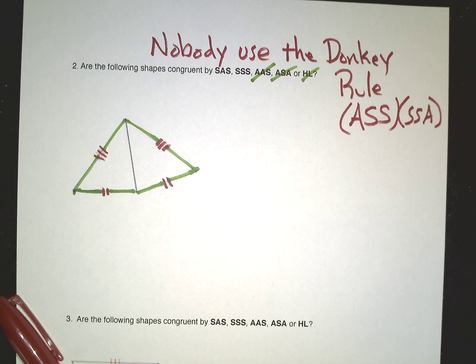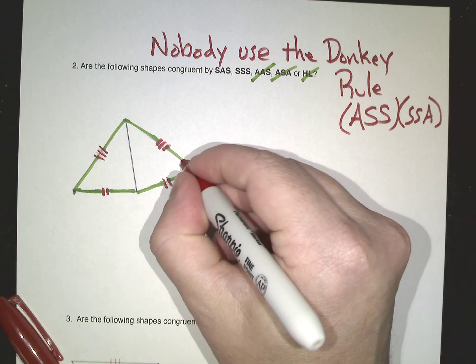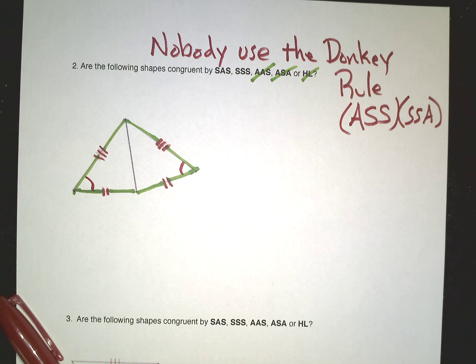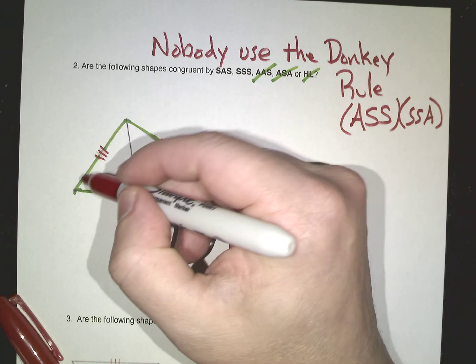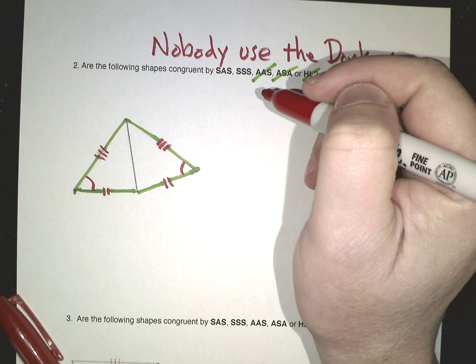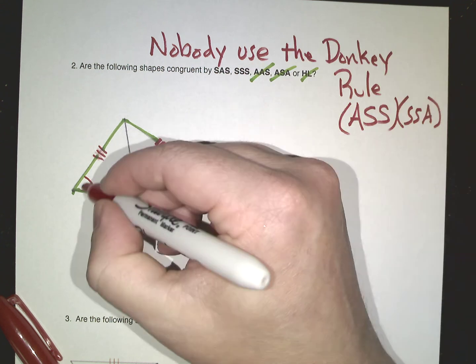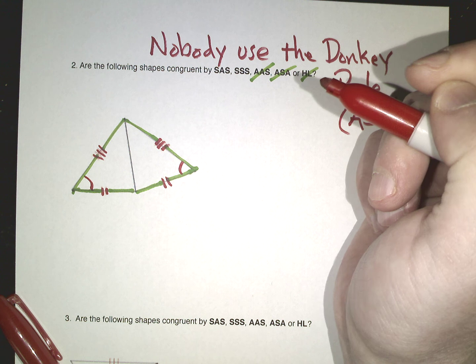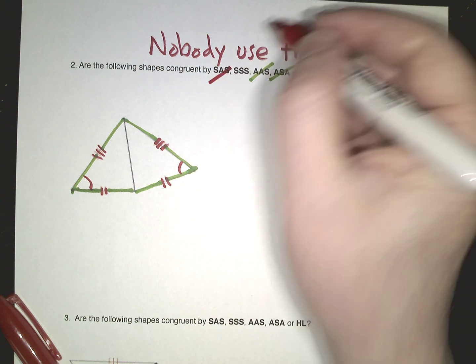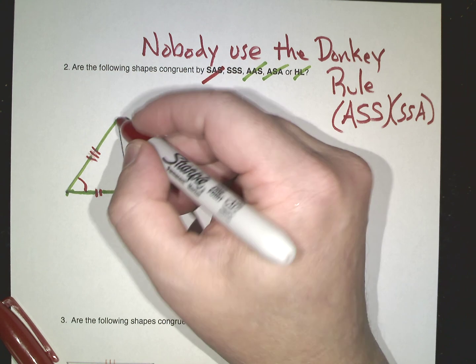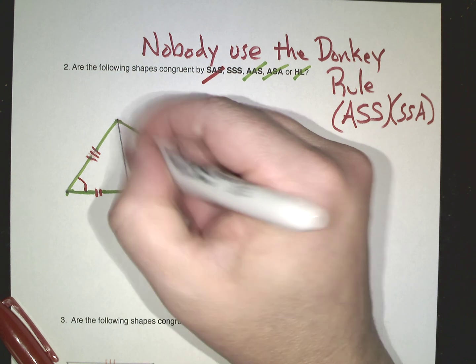Now, if there was an angle in it, if I saw someone did something like this, then I could do SAS. Remember, order is important. You have to be able to say SAS when you look at side, angle, side. But it doesn't. So I can't use SAS. What I do notice here is that this side is the same as this side.